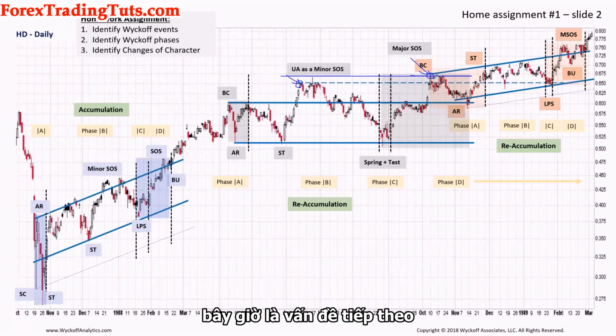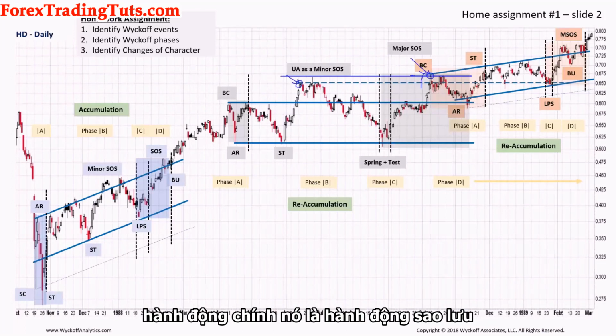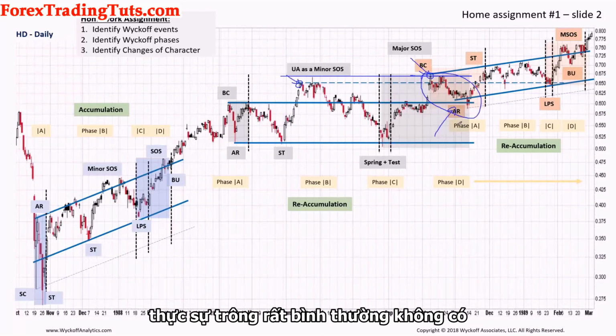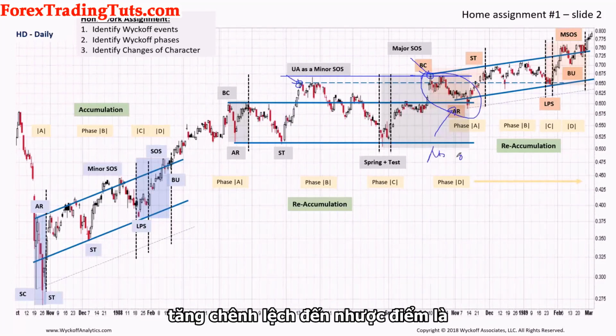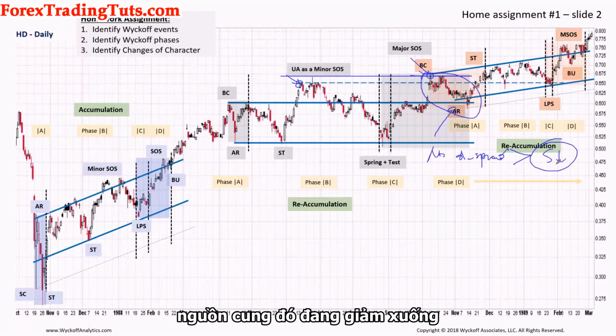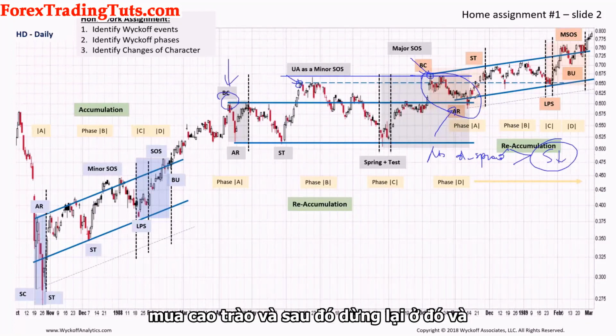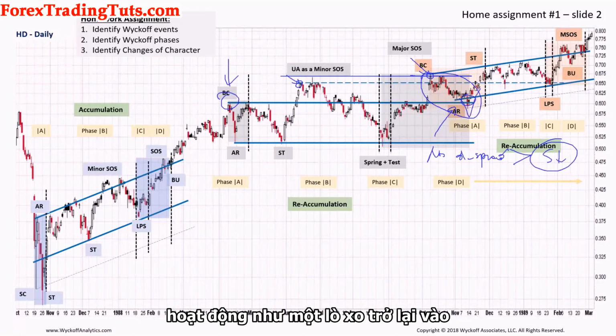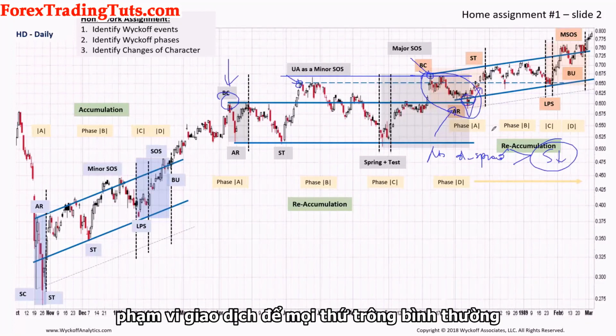Now, the next problem that we have here is the backing up action itself. The backing up action actually looks very normal. There is no increased spread to the downside that we see here, which is great. That tells us that supply is going lower. It actually comes to the level of the buying climax and then stops there and acts as a spring, comes back into the trading range.